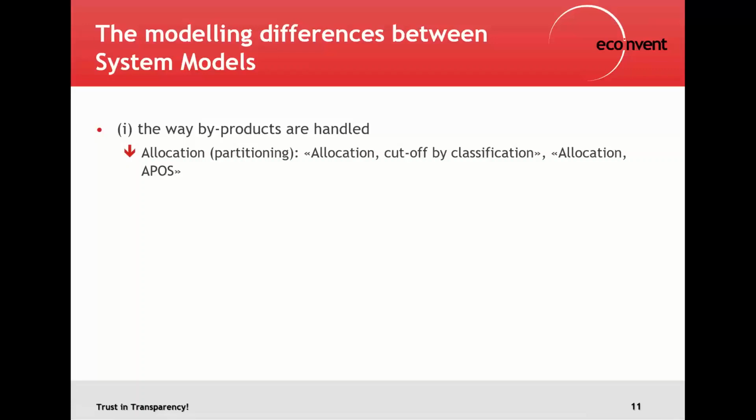In the system models called allocation, so allocation cutoff by classification or allocation APOS, this is solved by using the attributional approach, by using allocation, by using partitioning or division or sharing of burdens. The burdens are shared, they are partitioned between the different co-products that are in the activity to solve this multifunctionality.